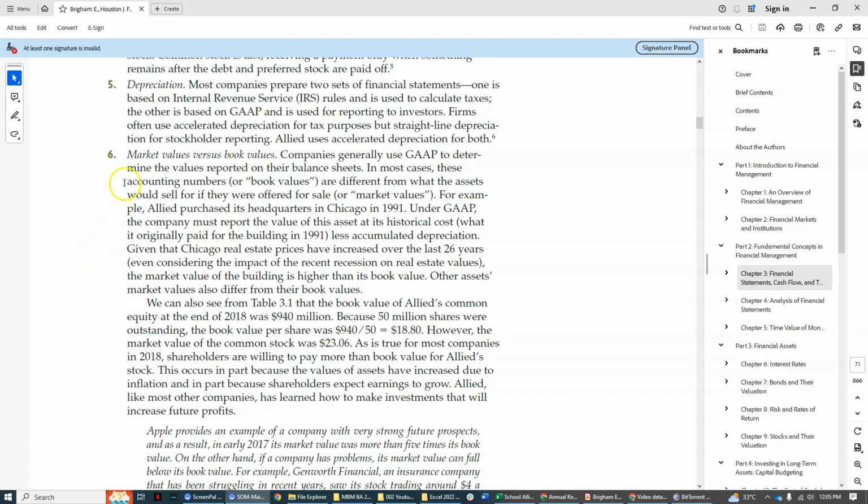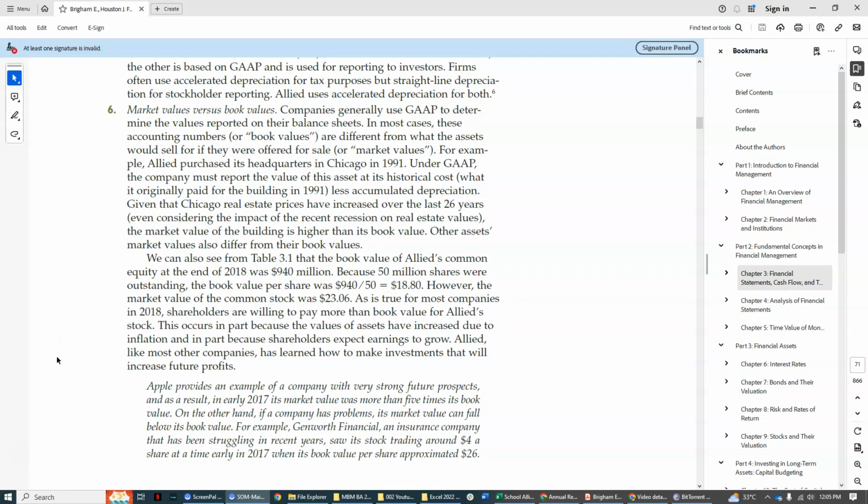Okay, second, we have the market values versus book values. We have to take note that the GAAP is governing the reporting of the balance sheet. Now it doesn't care about the perspective of the market value in the financial markets. The GAAP is only based on the book values according to the standards. Now, if there are some market values of the assets, then there is another principle of the GAAP that will govern how to reflect the market values.